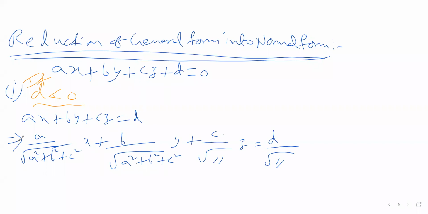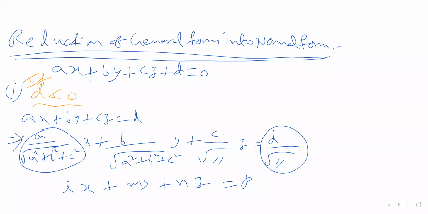That is nothing but lx plus my plus nz equals p, where p is the perpendicular distance from the origin to the plane, obtained by this formula. So this is the normal form when d is negative.